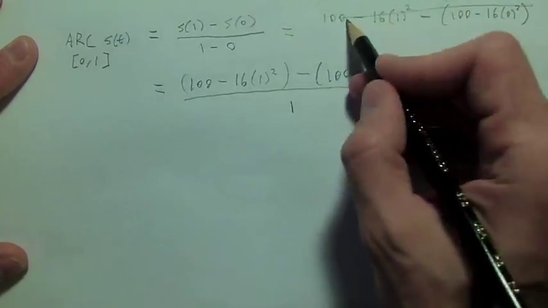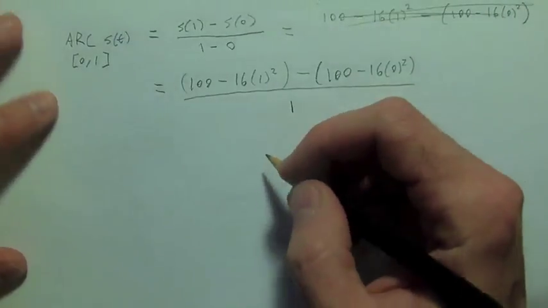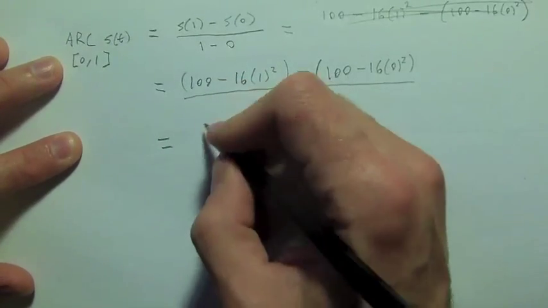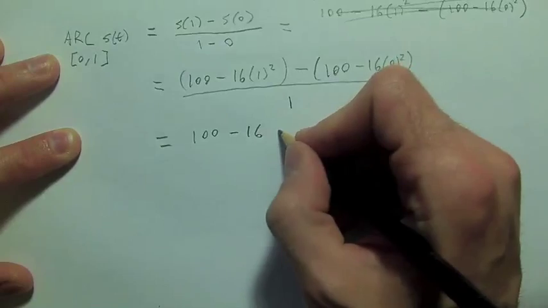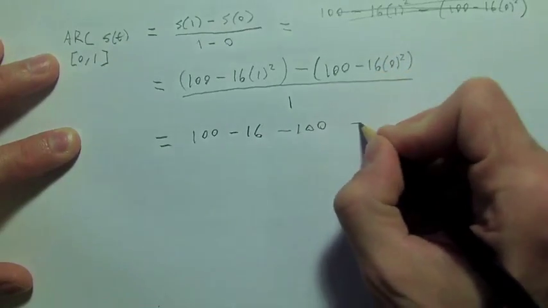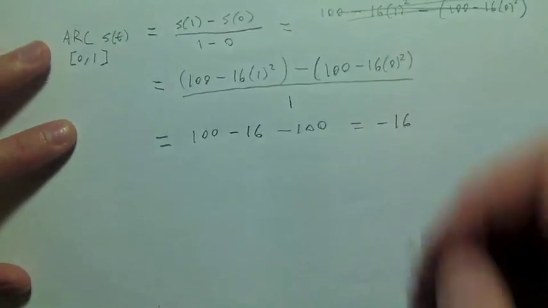So we'll just ignore that up here. Okay, so we're going to get 100 minus 16 minus, that's 0, so minus 100, we get negative 16.